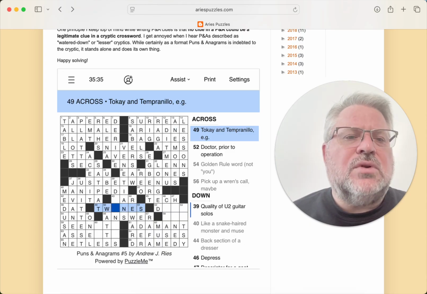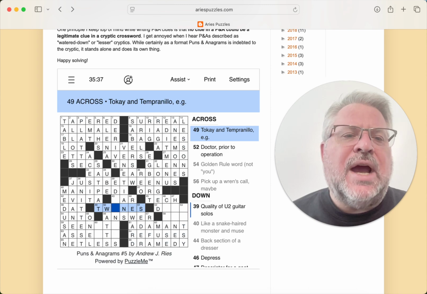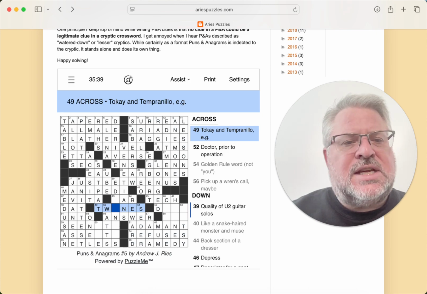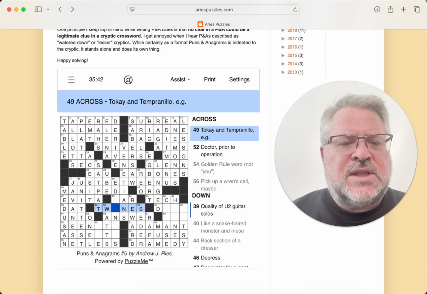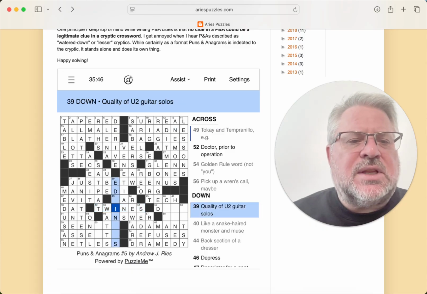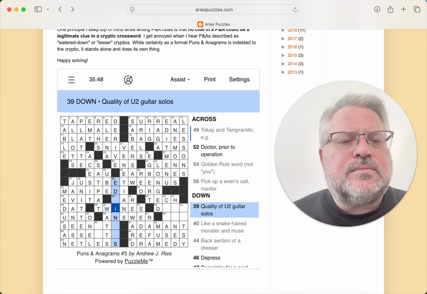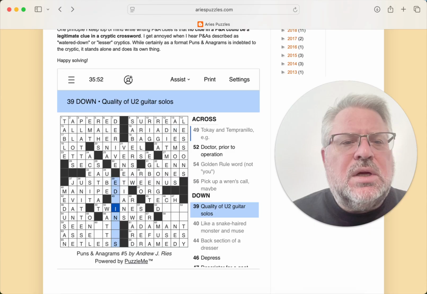I think these are T wines. Maybe they're wines that begin with T. I don't know them as names of wines, but they would make sense as names of wines, wouldn't they? So they are wines that begin with the letter T. Quality of U2 guitar solos.